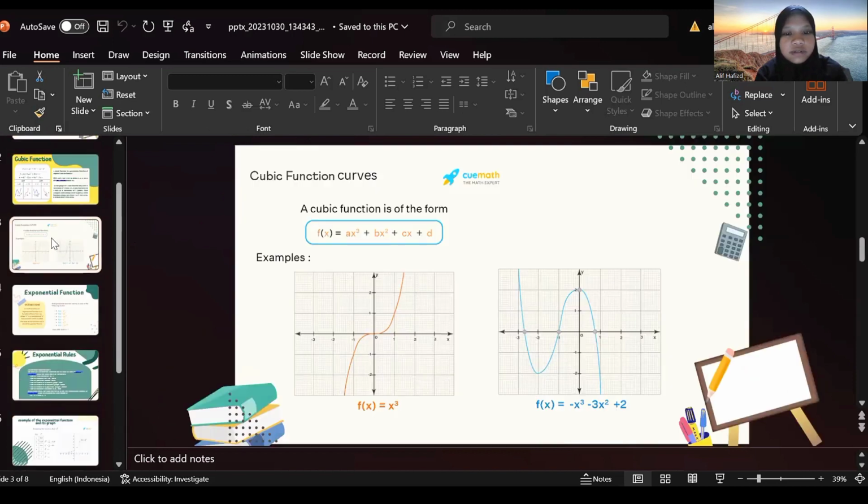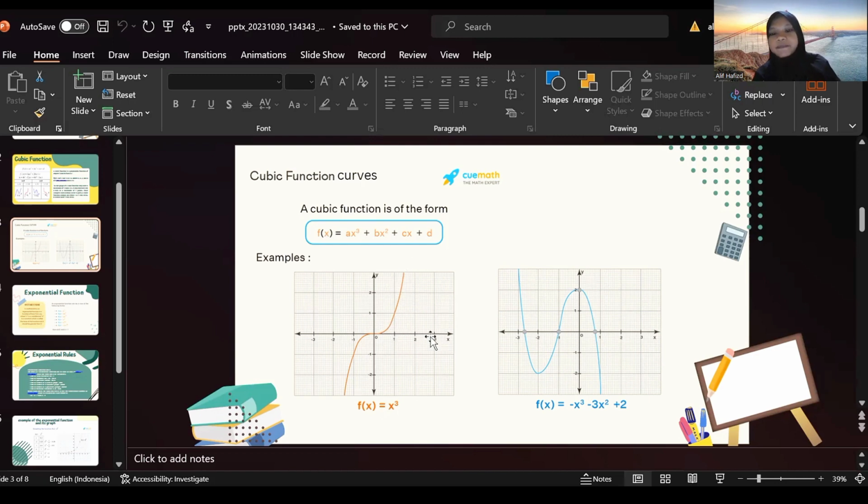Where is my cubic function? So this is easy. If we want to know whether the graph is positive or negative, we just have to see whether the function has no minus signs. If the function is positive, the graph will move from the left bottom, increasing to the right top.